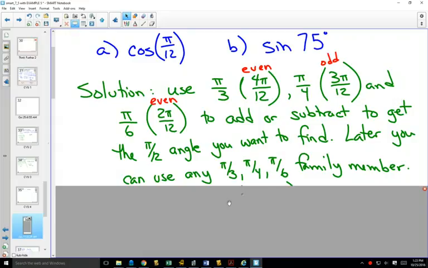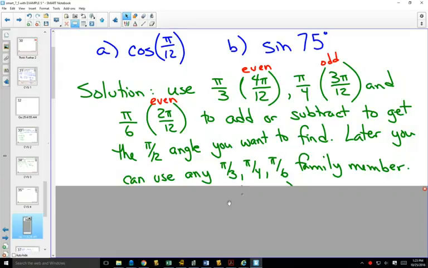Can you find another way that you could do it? Pi over 4 minus pi over 6. Because if you took 3 pi over 12 and subtracted 2 pi over 12, you would get 1 pi over 12. So any one of those will work.